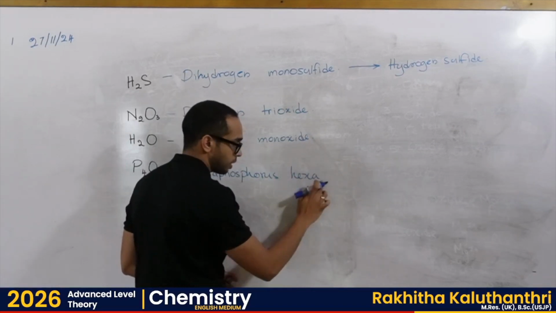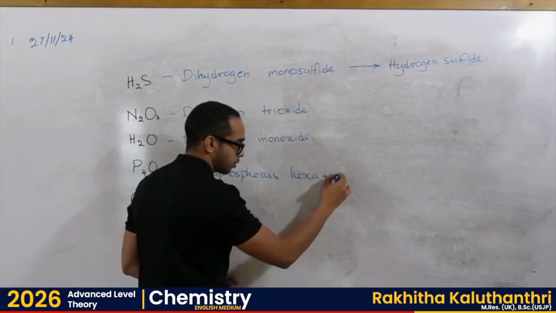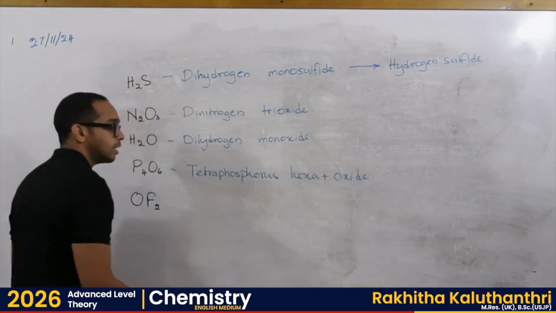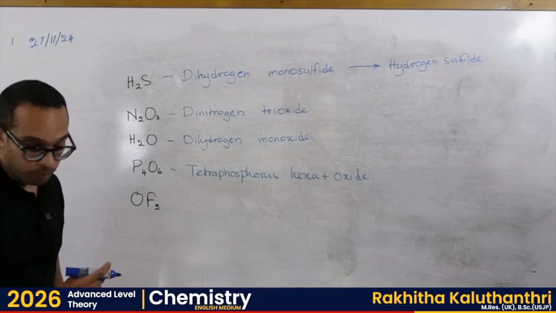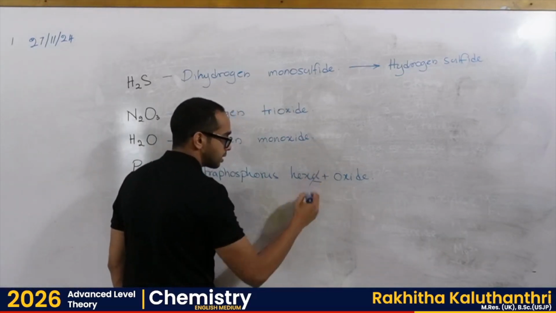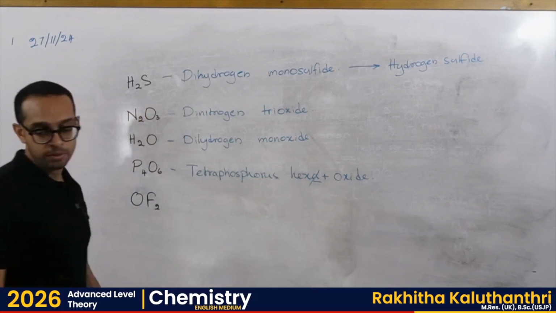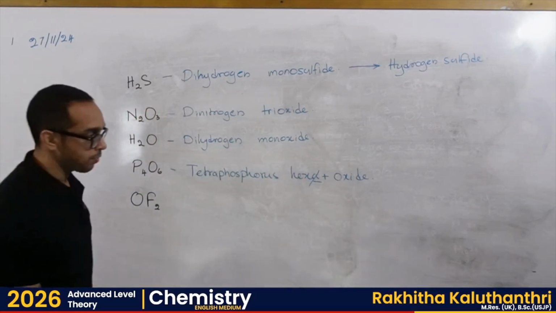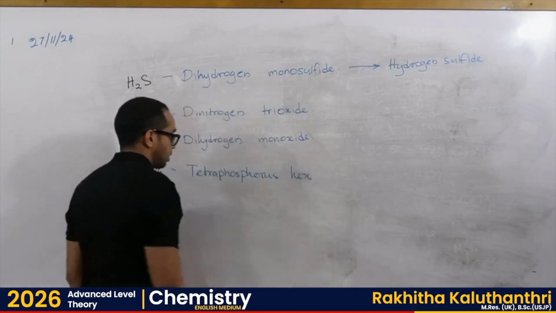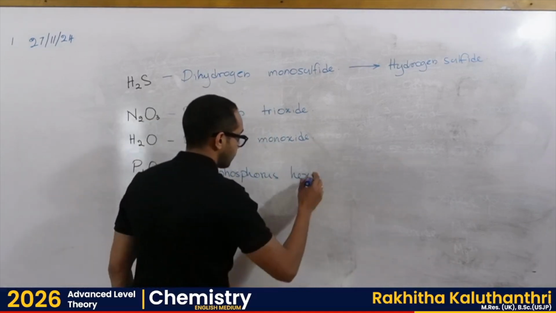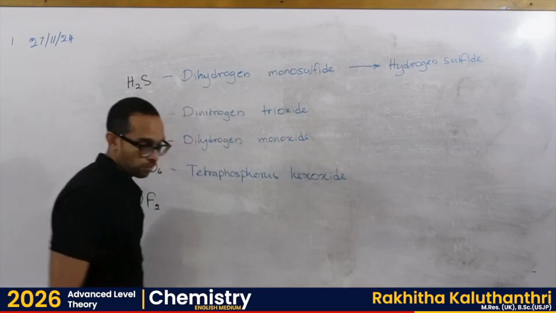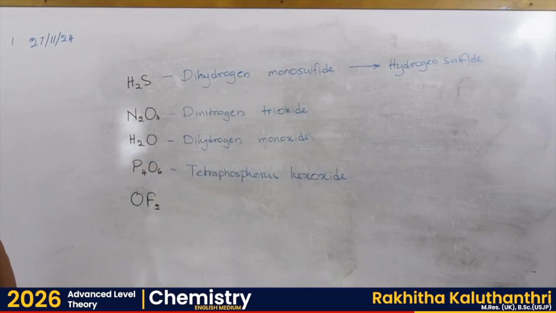Now we can see the name ends with hexa, and the next part starts with O. So therefore, students, the A over here gets cancelled off, and we learned this rule as the fifth rule in the previous part. So this is tetraphosphorus hexoxide.